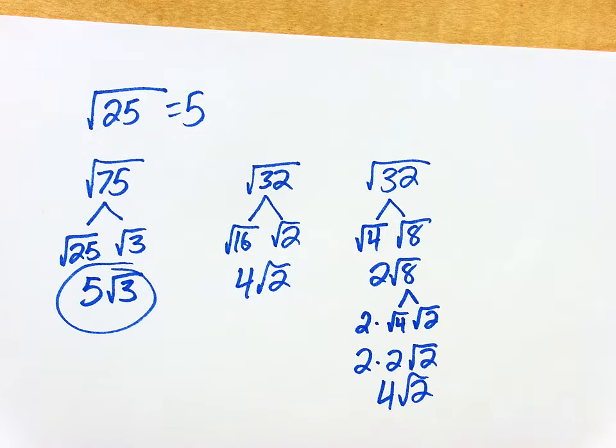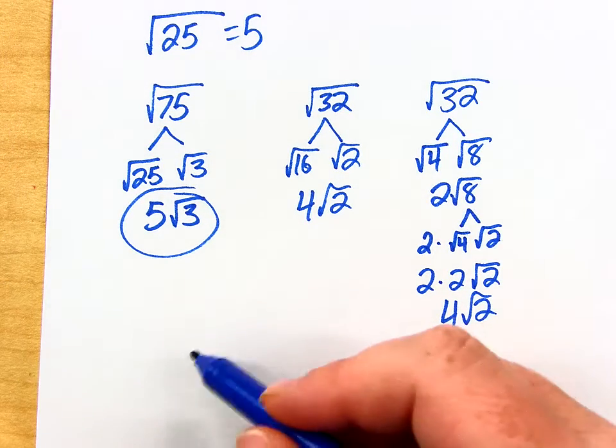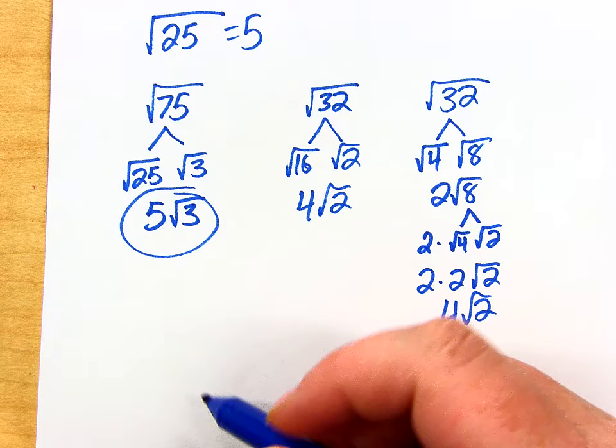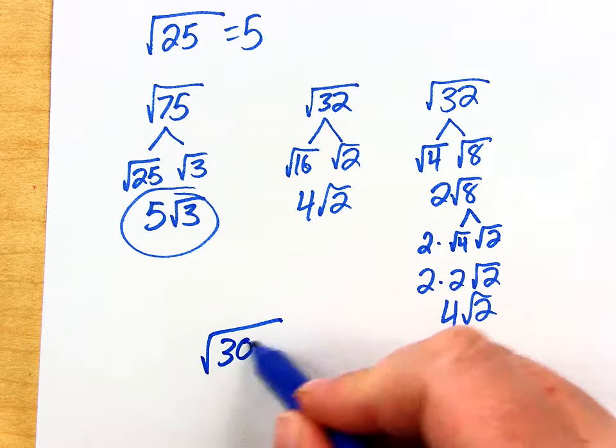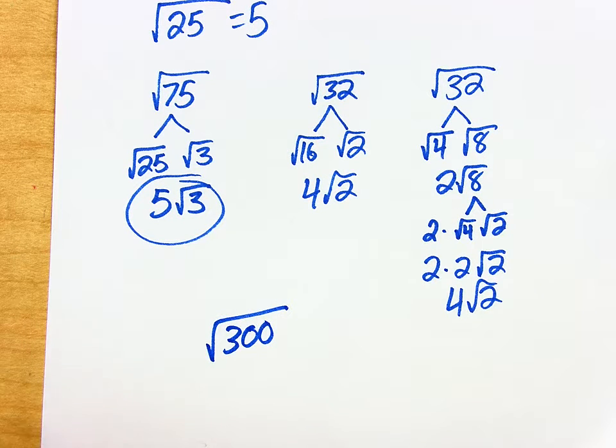Okay, so let's say I gave you the square root of 300. Think for a minute what the largest perfect square is that goes into that. 100.